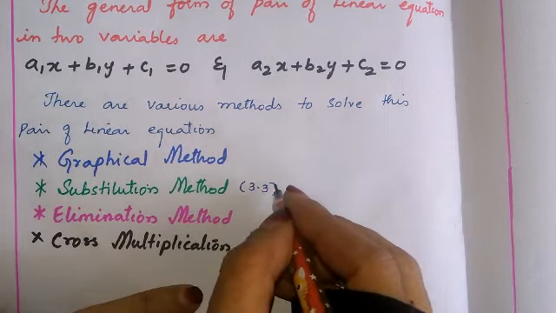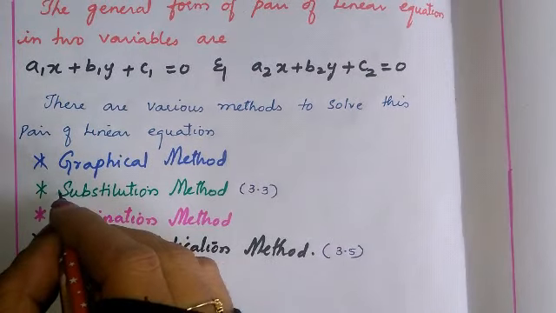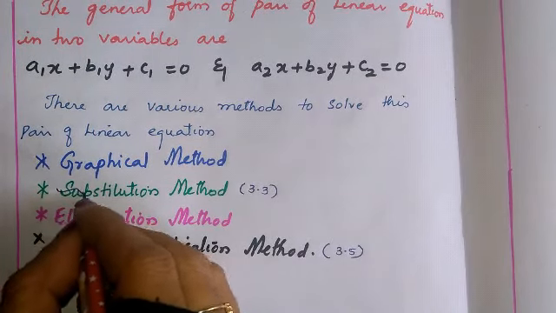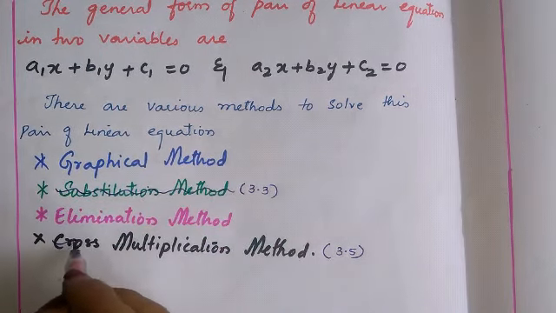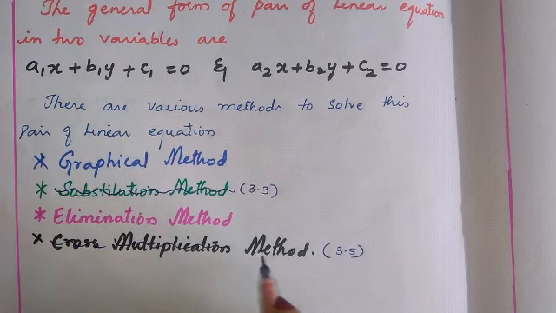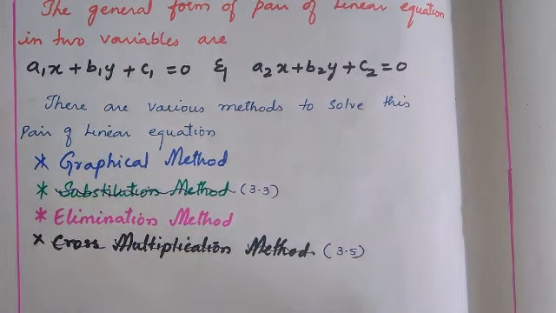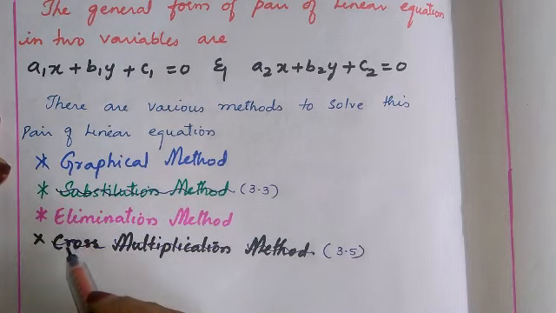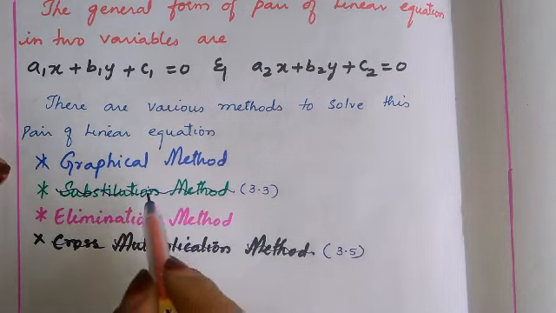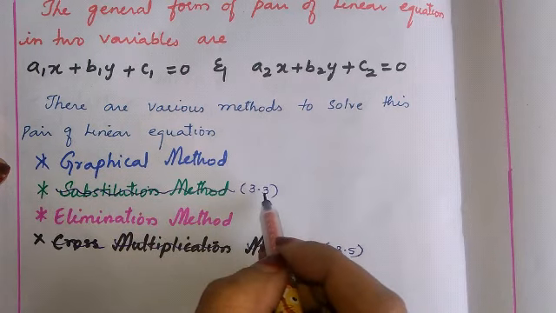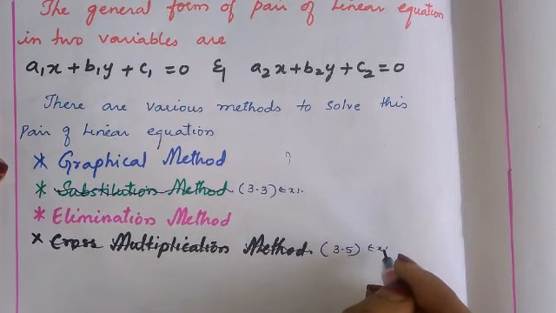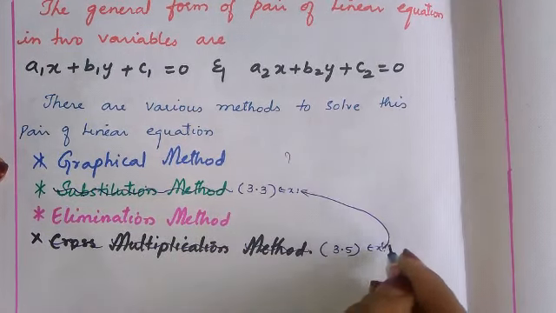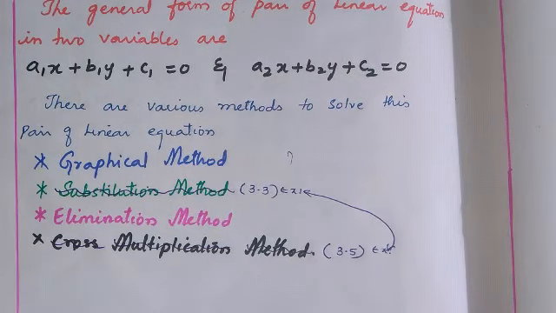From this chapter, the substitution method and the cross multiplication method have been removed. Based on these two topics, exercise 3.3 and exercise 3.5 are removed. So now only two methods are left, the graphical method and the elimination method.